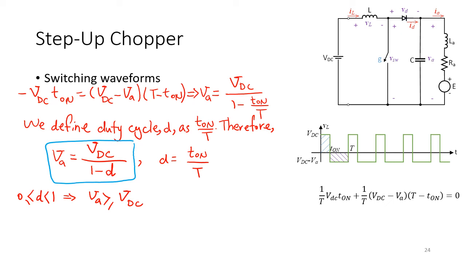So we built a boost converter, a step-up converter. We can get voltages greater than VDC. In fact, theoretically, we can go even to infinity, though it is not possible, as we know. One of the reasons is the switches. We will get to that.